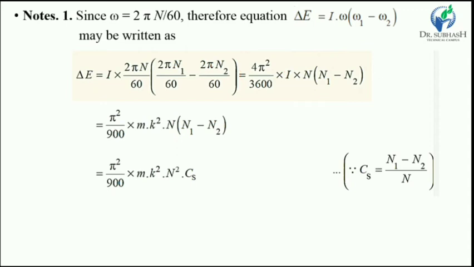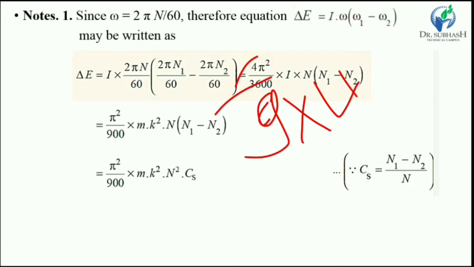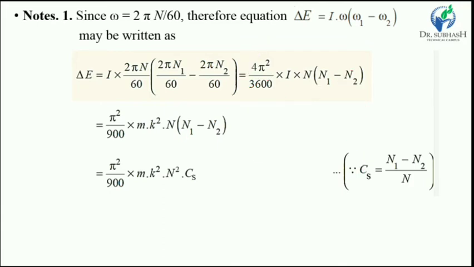Now the 4 is cancelled with the 9 into 4, so pi square upon 900 into I into N. And write the value of I as m k square, and here we know that (N1 minus N2) upon N is CS, so N square is considered.